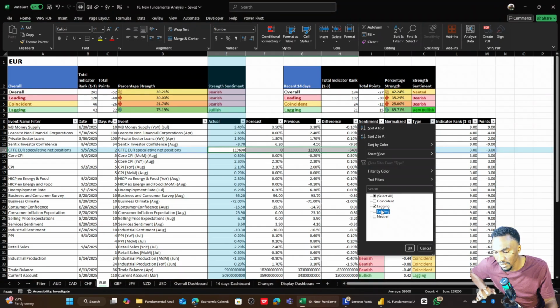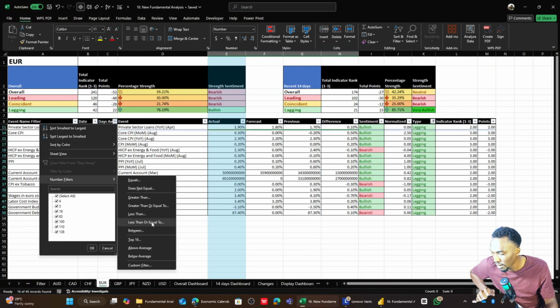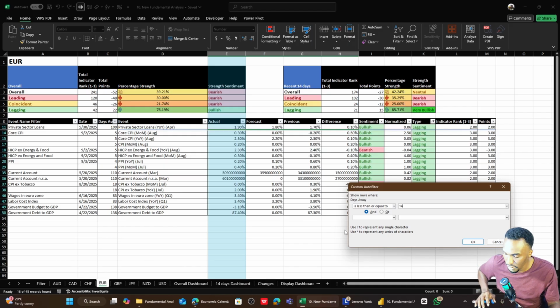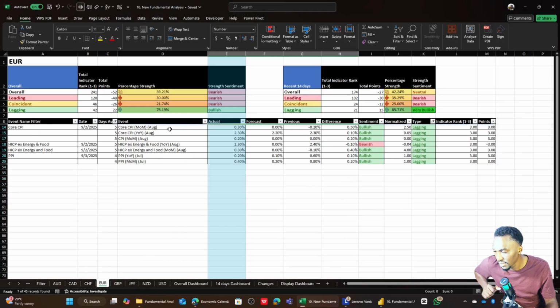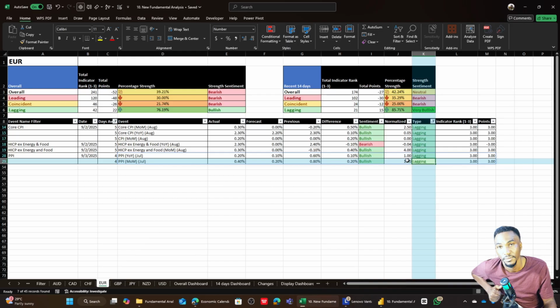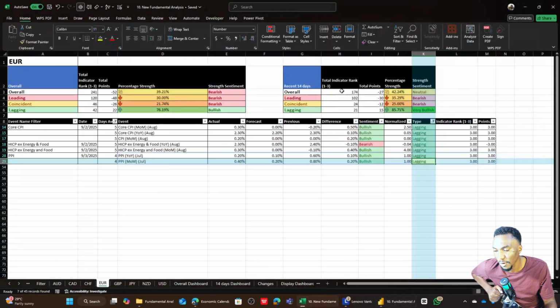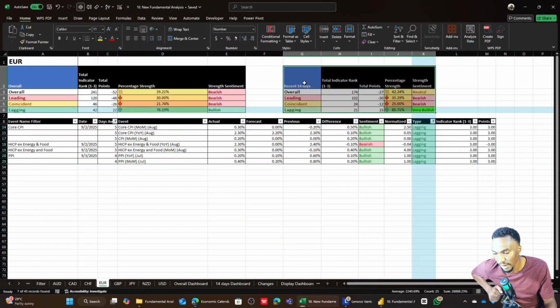I'm going to go into the lagging situation, and in the last 14 days I'll simply filter for less than or equal to 14 days, and you can see the last 14 days has printed heavy bullish strength, which is exactly what this 14 days change here is showing, and is exactly coming from this table right here. So this table tells me, oh okay, there's strength coming in recently.